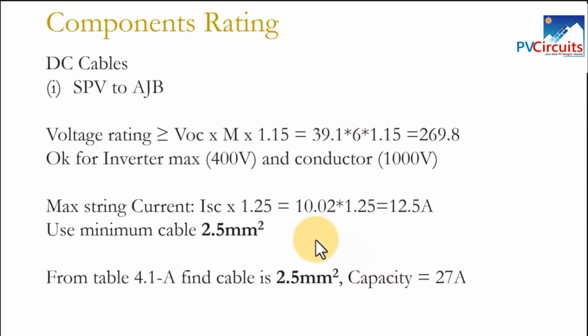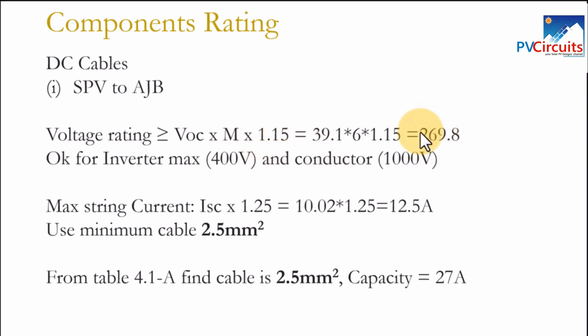So starting off, we start with the cable between the solar PV and the array junction box. The rating of this cable is governed by this equation here for the voltage. It is VOC times the number of modules times the protection factor, which is 1.15.